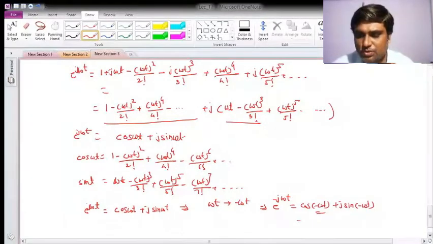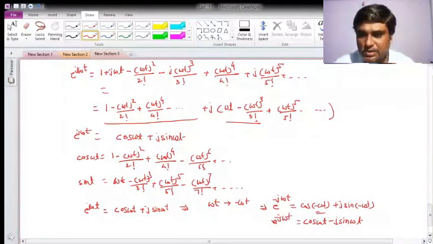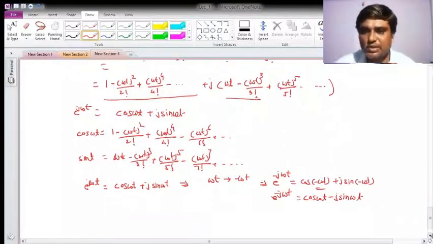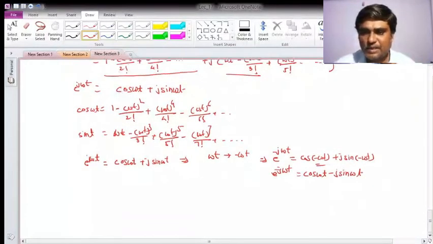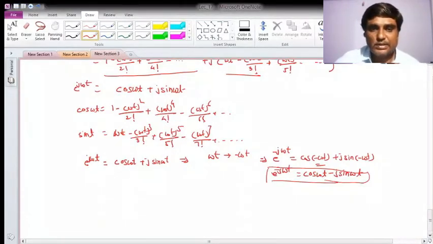Cos of minus theta is cos theta, so it is cos omega t, and sine of minus theta is minus sine theta, so it will be minus j sin omega t. So e raised to minus j omega t is cos omega t minus j sin omega t, right? This is my Euler's identity, and I can now use it to express my complex exponentials in terms of sine and cosine. In our case, what is omega? Omega is 1.